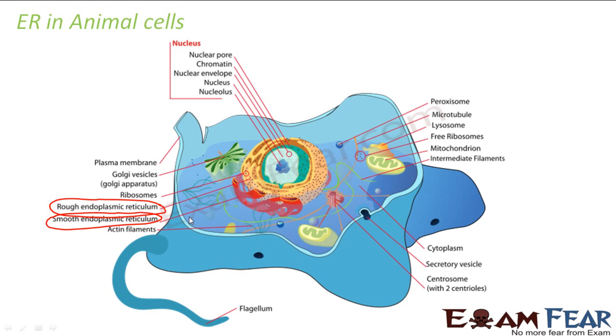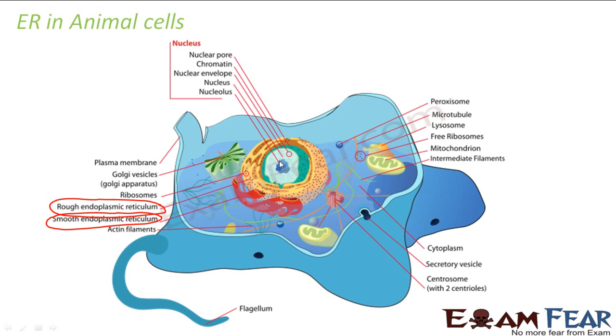From here, can you locate where the endoplasmic reticulum is located? This green colored structure is the nucleus. The dark green structure is the nuclear membrane, which has these dotted structures representing the nuclear pores. We have already spoken about all these things.